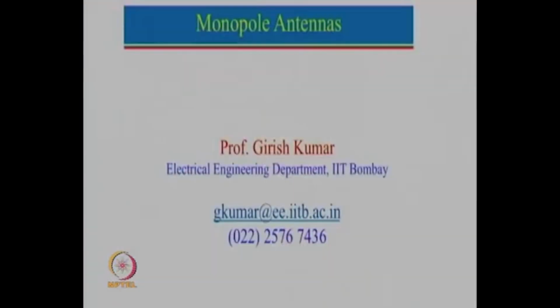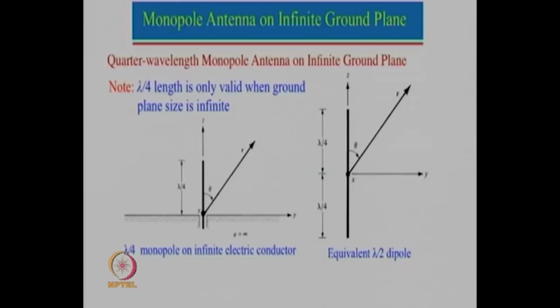So today we will look into various types of monopole antenna, and what the parameters are which govern the performance of a monopole antenna. To start with, we will take an example of a monopole antenna on an infinite ground plane. We know that an infinite ground plane will never ever be there, but just to start the concept we will take an infinite ground plane.